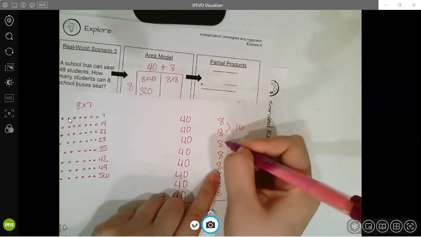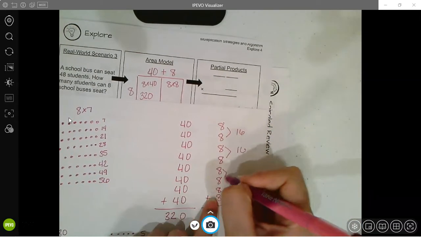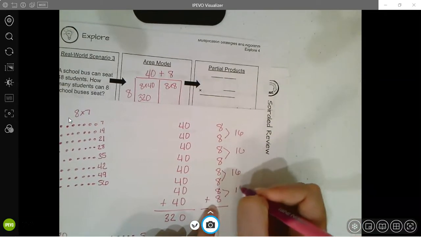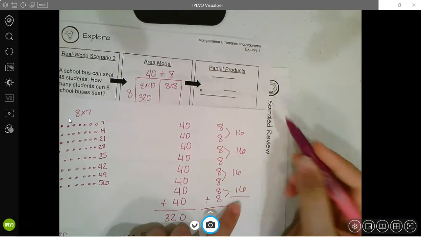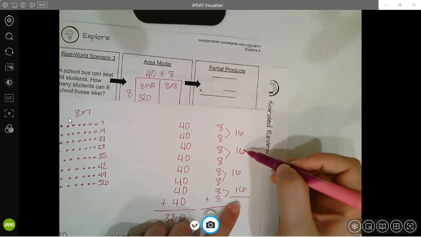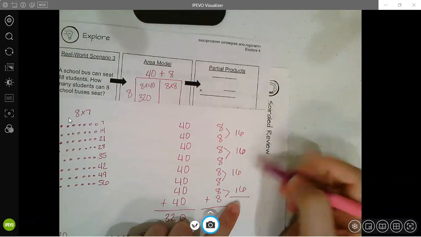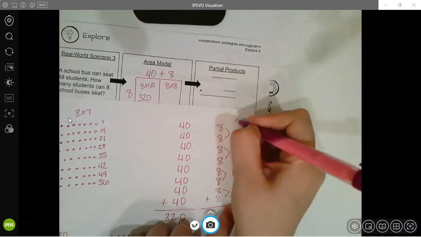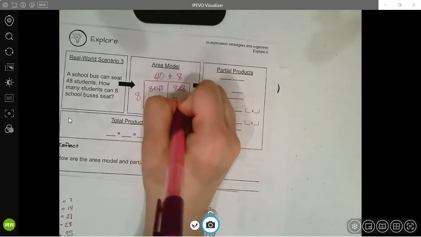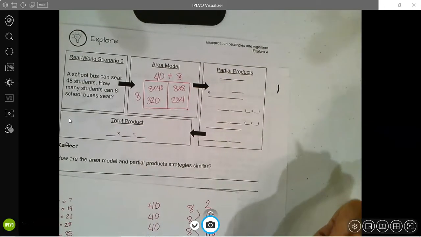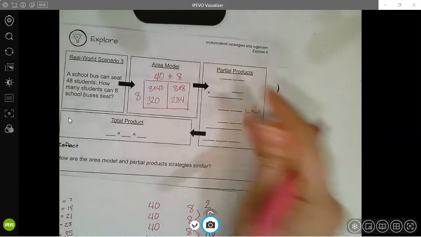So this is 16, this is 16, this is 16, this is probably going to be easier. Okay, so 6 plus 6 is 12, 6 plus 6, so that's 24, 28. So 284. Ooh, these numbers are getting big. But think about if we had to draw a picture for all that.